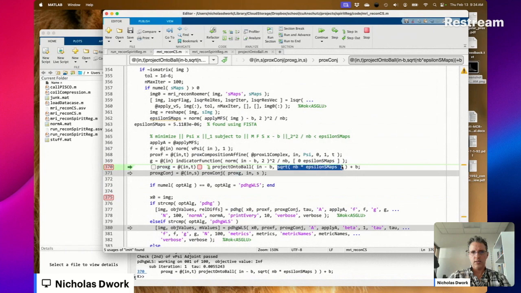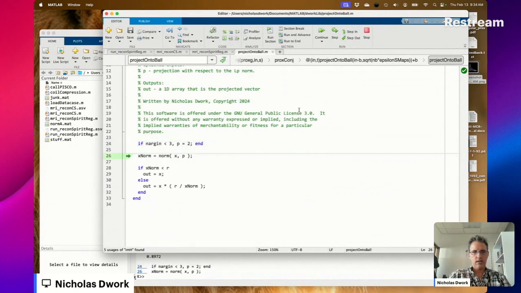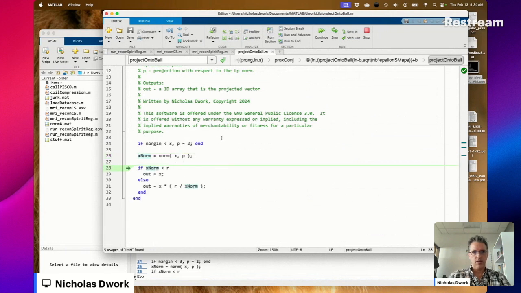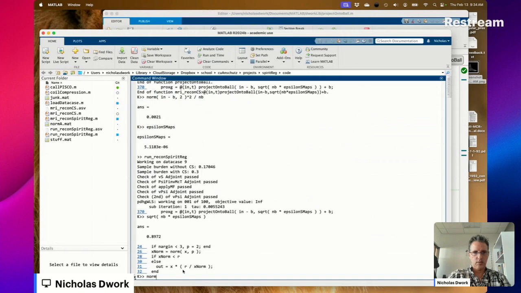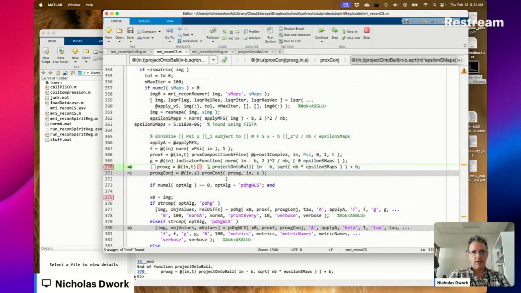So what is this? 0.9. Okay, this is now the right size. It doesn't look like the problem's in projection.